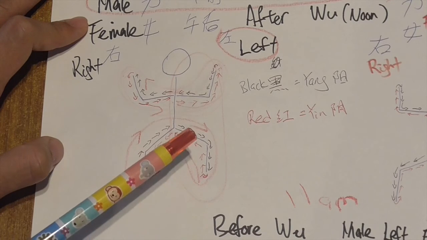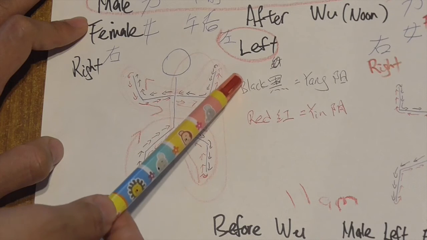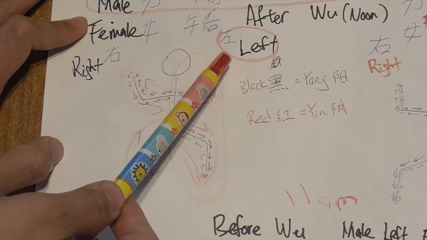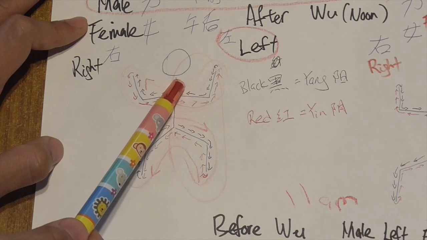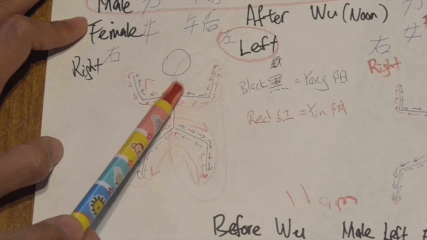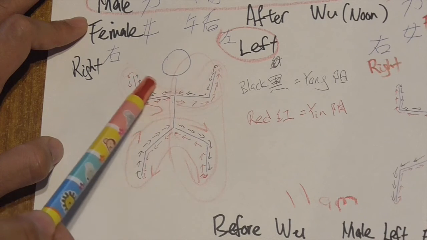Three hand yin from chest to hand, three hand yang from hand to chest, and continue from that to that, make a circle.